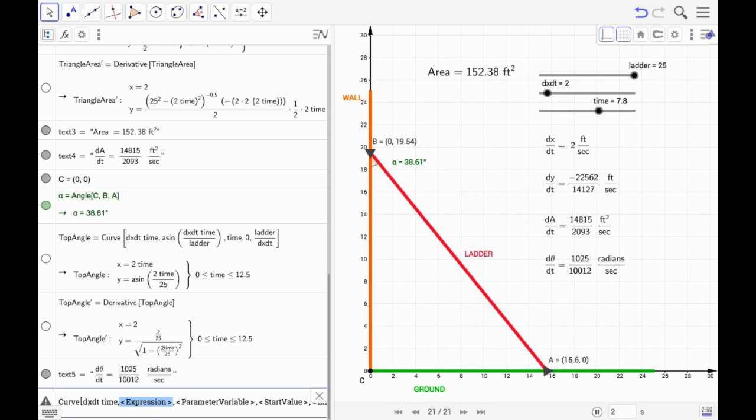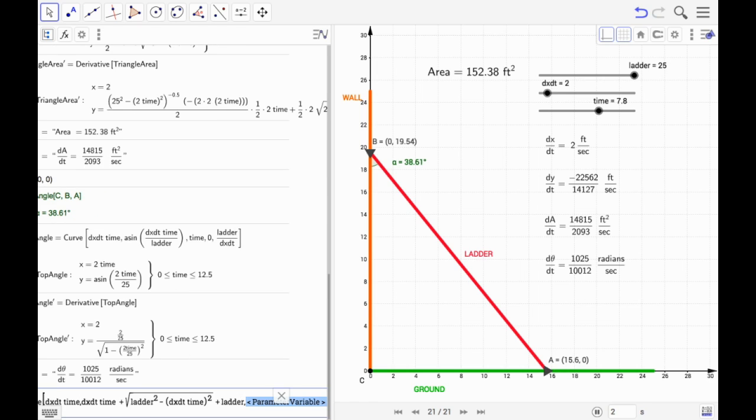The second expression was dx dt times time plus the square root of whatever the ladder's position is squared minus dx dt times time, and that quantity is squared, and then I want to add on the ladder's length.